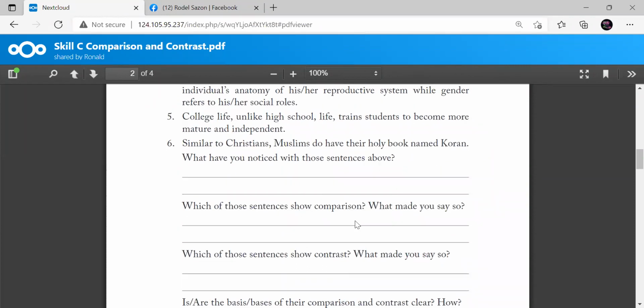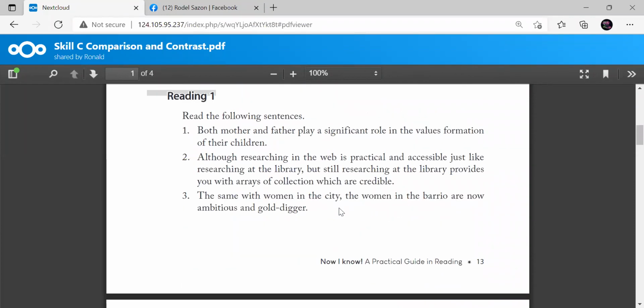Okay, so where is the comparison here? Number 1 has both. Number 2, it's a contrast because of but. Number 3, comparison or contrast? Comparison because of the words the same.